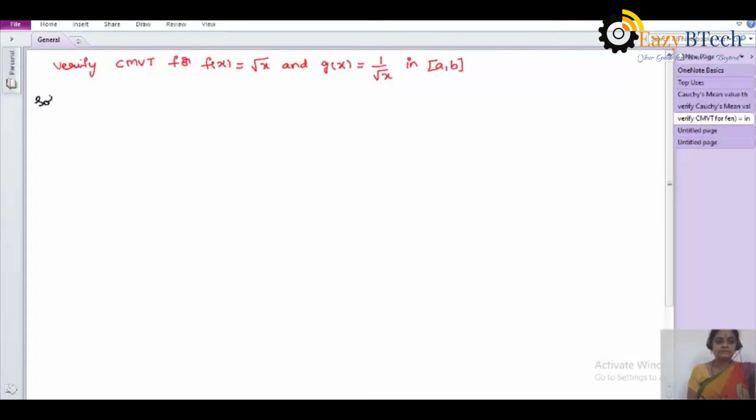And the solution: it was given in the question, f of x is root x and g of x is 1 by root x.